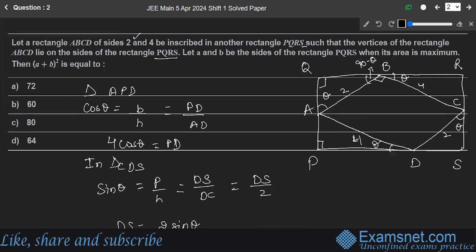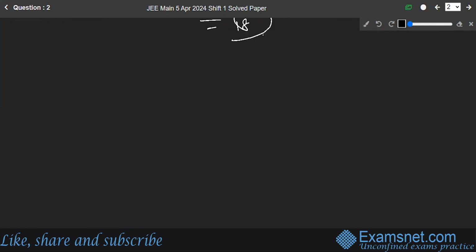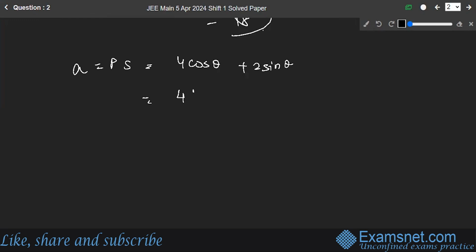Okay. What you had to find out in the question was A and B. So I got theta. This was your A length, and we just calculated PS was equal to 4 cos theta plus 2 sin theta. So what was your A? A was your PS, which is equal to 4 cos 45 degrees plus 2 sin 45 degrees.